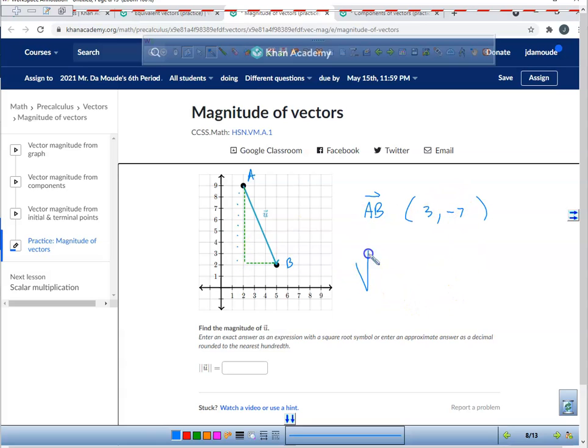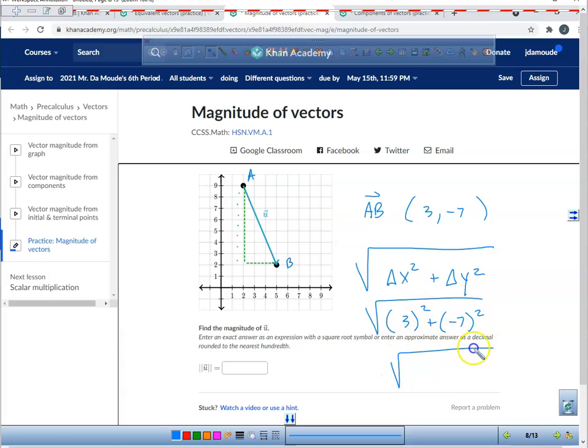If I want to find the magnitude, I take the change in my x's and I square them. I take the change in my y's and I square them. Parentheses do matter. If you don't think they matter, then try doing it without parentheses and see what happens. So that becomes a 9. That becomes a 49.